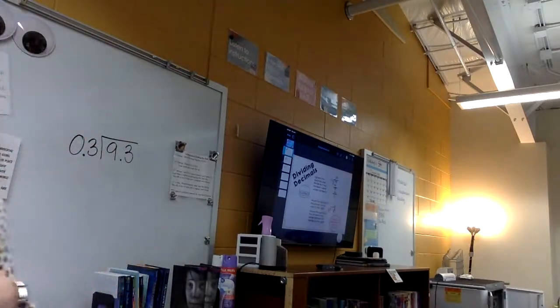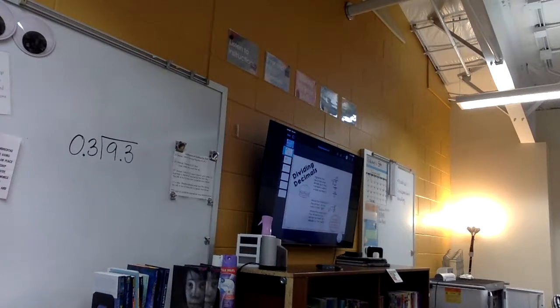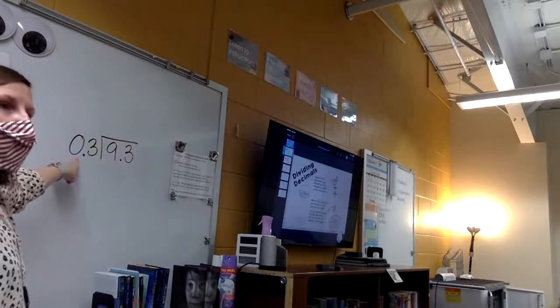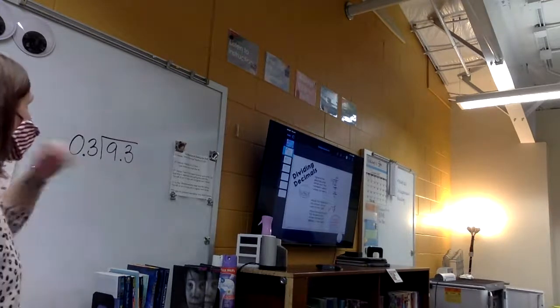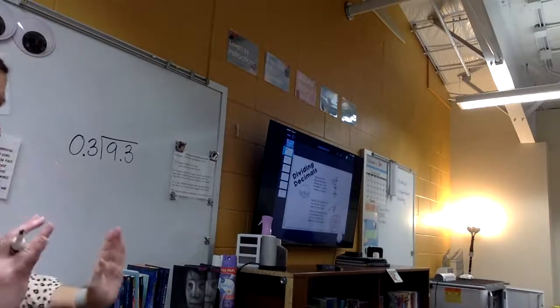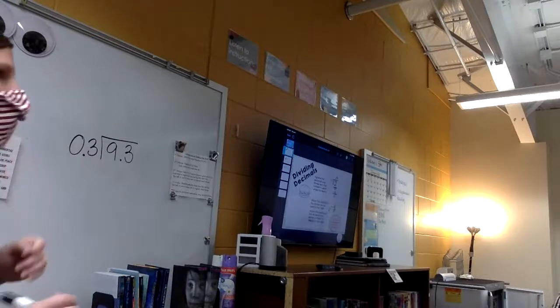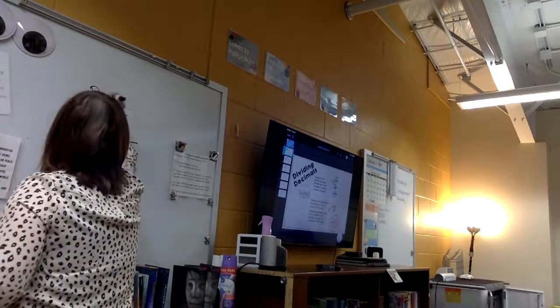Let's say I have 9.3 divided by 0.3. The first thing I have to do is fix those decimals, because I'm not going to divide by a decimal. I want to divide by a whole number. So on your paper, this is the first thing I want you to write: if you are dividing by a decimal, you move the decimal to the right.